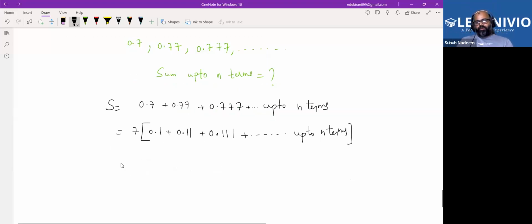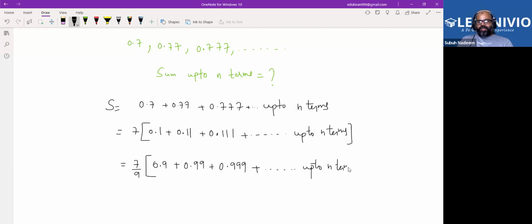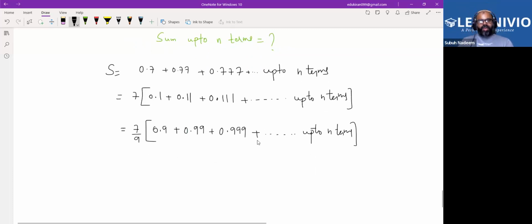So what we will do, we will divide by 9 and multiply by 9. So it will become 0.9. It will become 0.99. It will become 0.999 and so on up to n terms. Still, it is not a GP. Now, one last thing we will do.